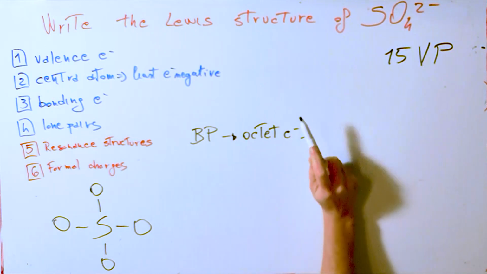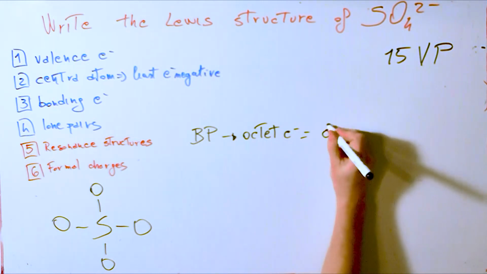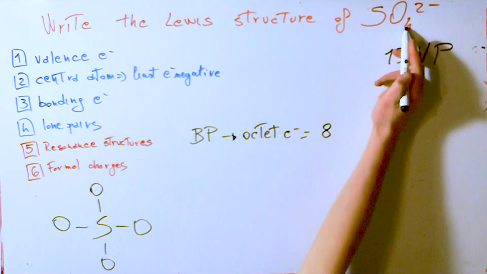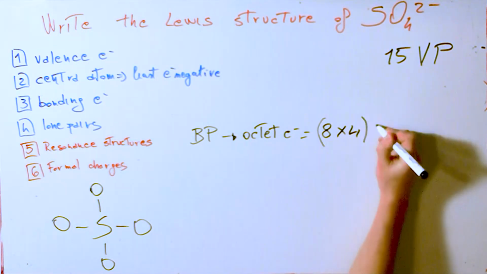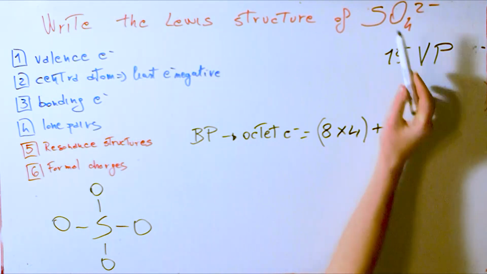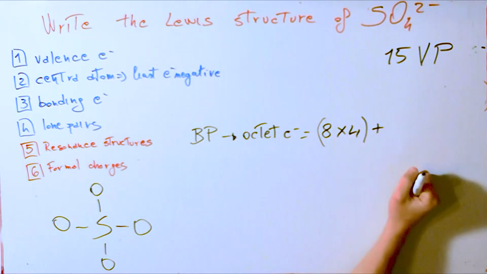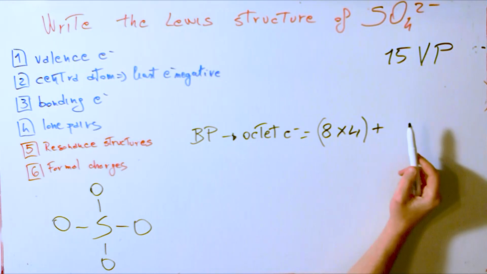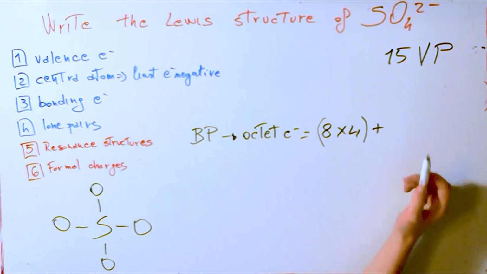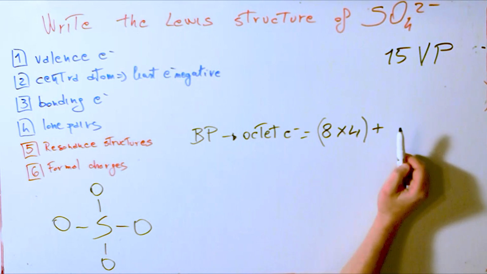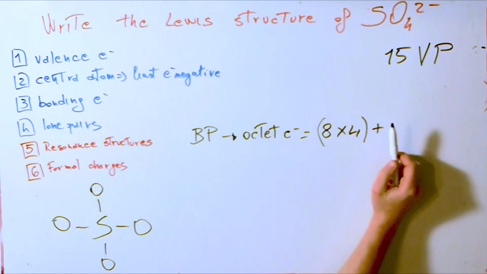So oxygen is following the octet rule, so it's 8 electrons times 4 because we have 4 oxygen, plus the contribution that came from sulfur. Now we know that sulfur can either follow the octet rule or follow the exception to this octet rule, which is the expanded octet with 10 electrons or even 12 electrons around it.